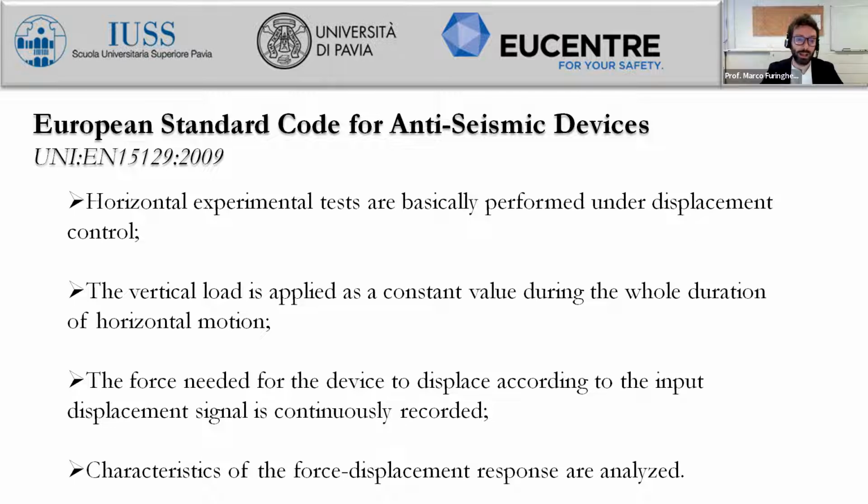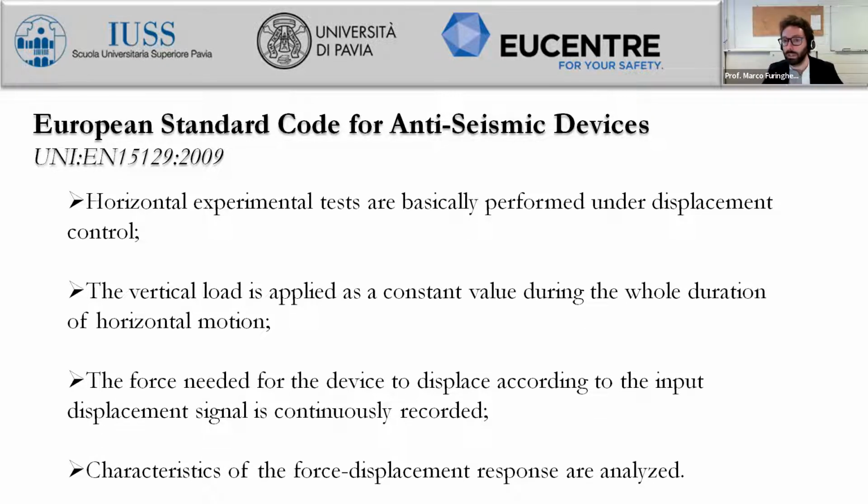But what we actually find out at the end of a test is that the testing equipment tries to keep it constant, but maybe there are some fluctuations, especially for friction pendulum bearings, because in friction pendulum we have also the vertical movement induced by the spherical surface. So this means that the actuators installed within the testing equipment try to keep the load constant, but they also have to follow the vertical deformation of the bearings.